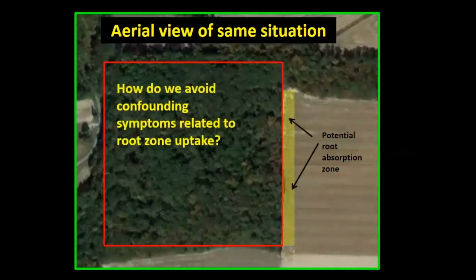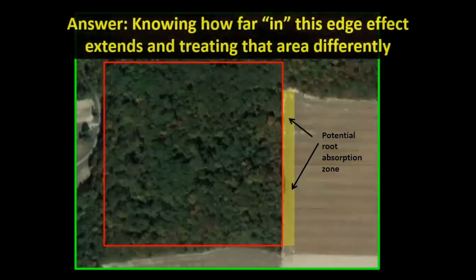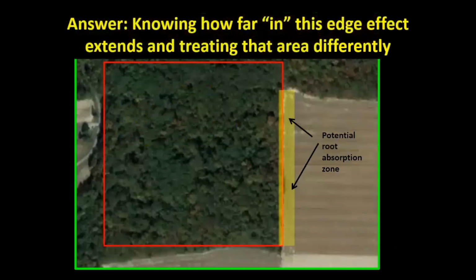So the question is, how do we avoid confounding symptoms related to root zone uptake when we do our monitoring? The answer is knowing how far into the forest this edge effect extends, and then treating those differently.